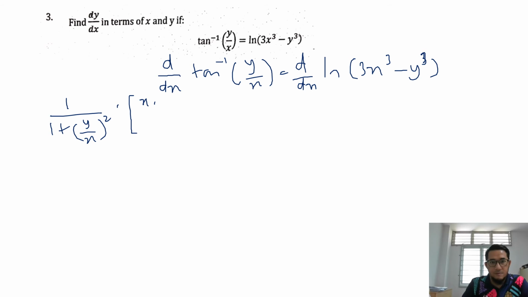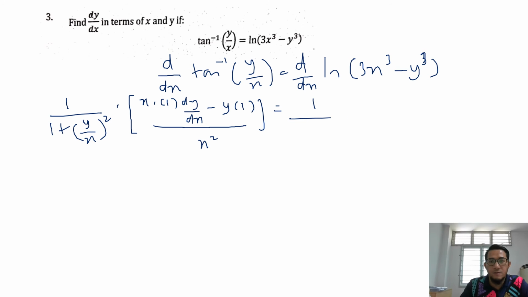So x times dy/dx minus y times 1, over x squared, equals to, differentiate ln, you get 1 over 3x cubed minus y cubed. Differentiate 3x cubed minus y cubed, should get 9x squared minus 3y squared dy/dx.